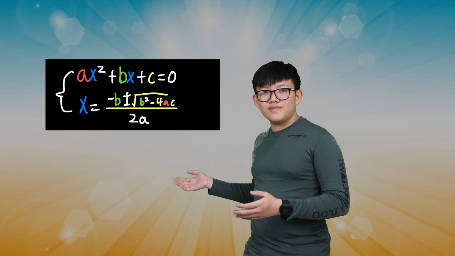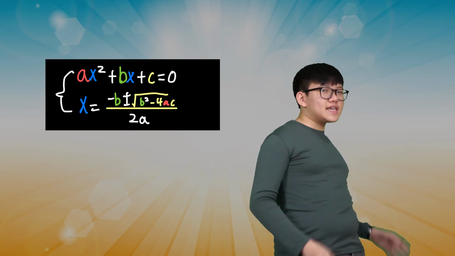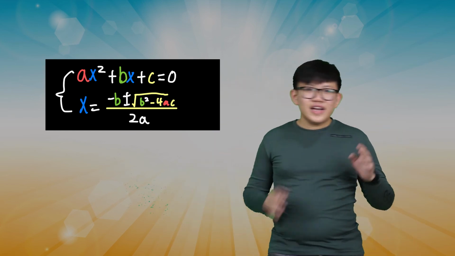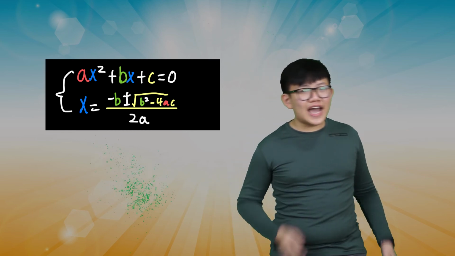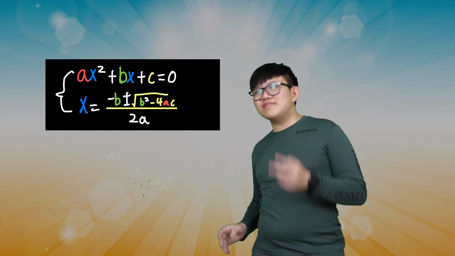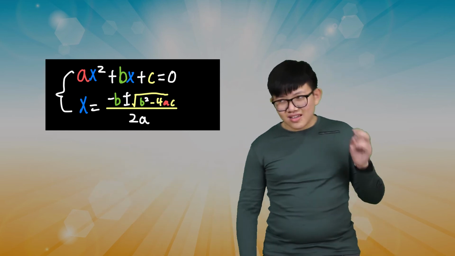The last thing is the quadratic formula. The quadratic formula is simultaneously the fastest and the slowest method out of the methods I just talked about.